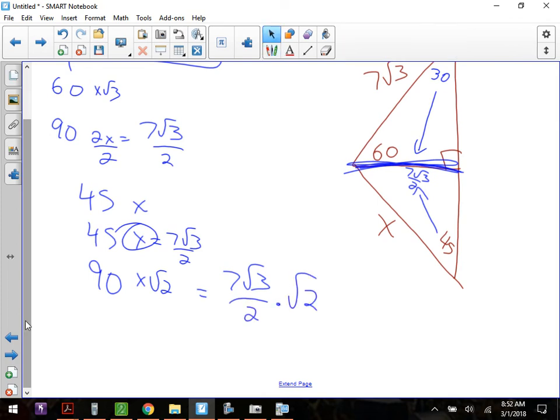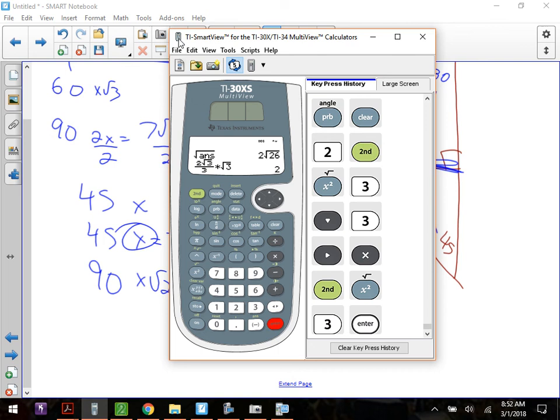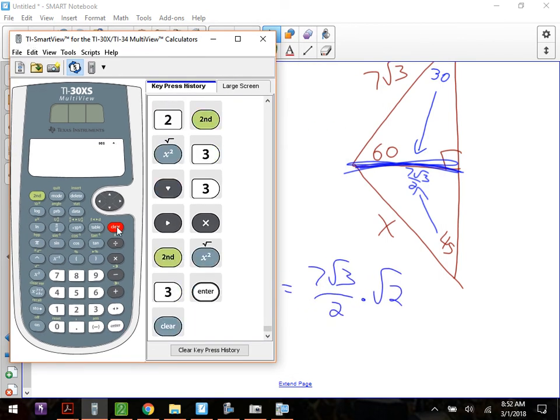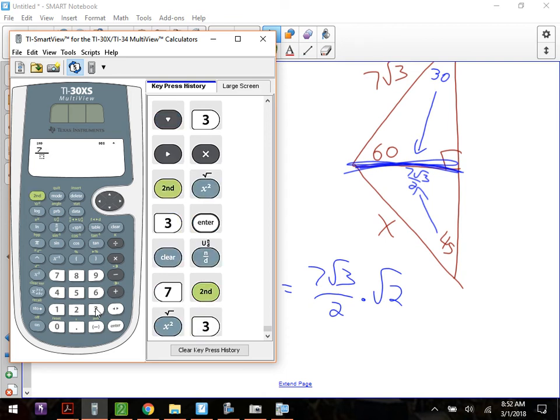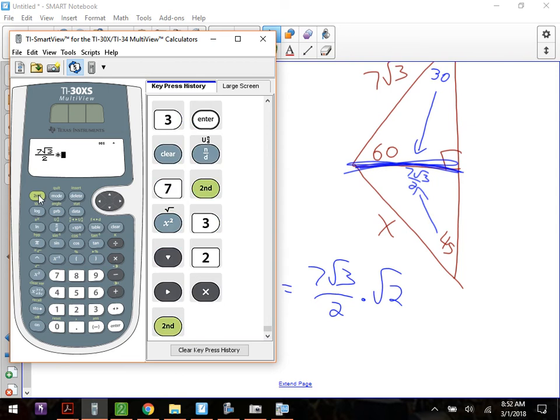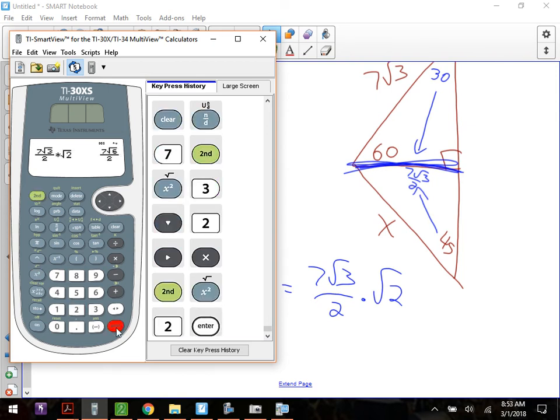And once again, your calculator will do that, so you can see it. You get 7 root 6 over 2. As long as you know your ratios of your sides, the rest of it's easy because the calculator does the work. Okay? You have to understand how the sides work and go from there.